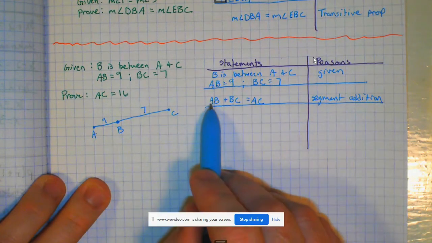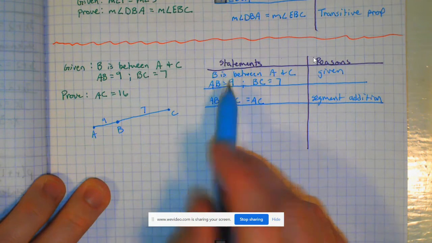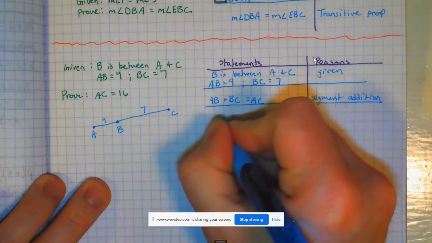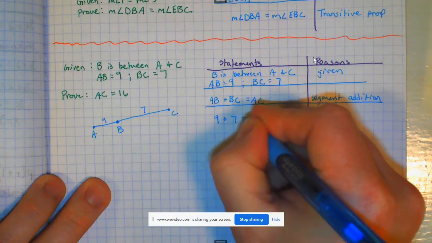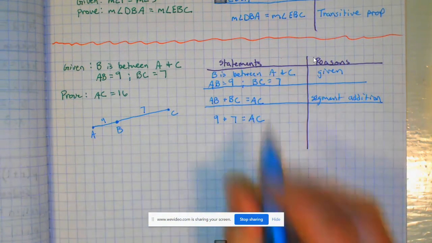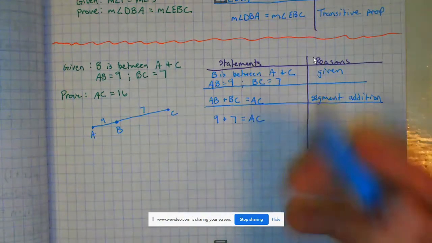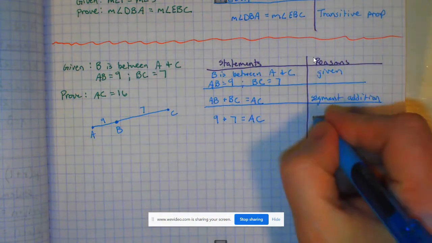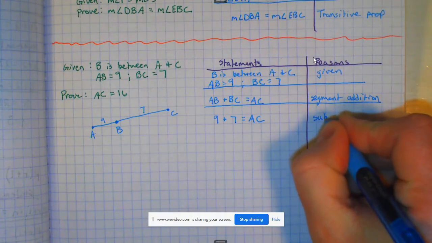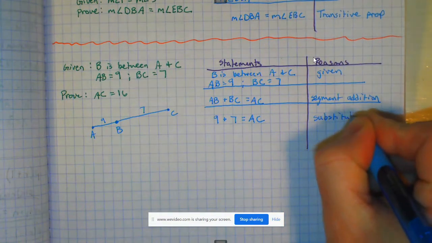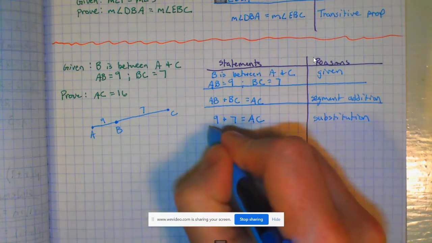Well, I know that AB is 9, so instead of writing AB, I'm going to write 9, plus BC is 7. I did two things there, but it has the same reason. We just substituted values, so that's substitution.